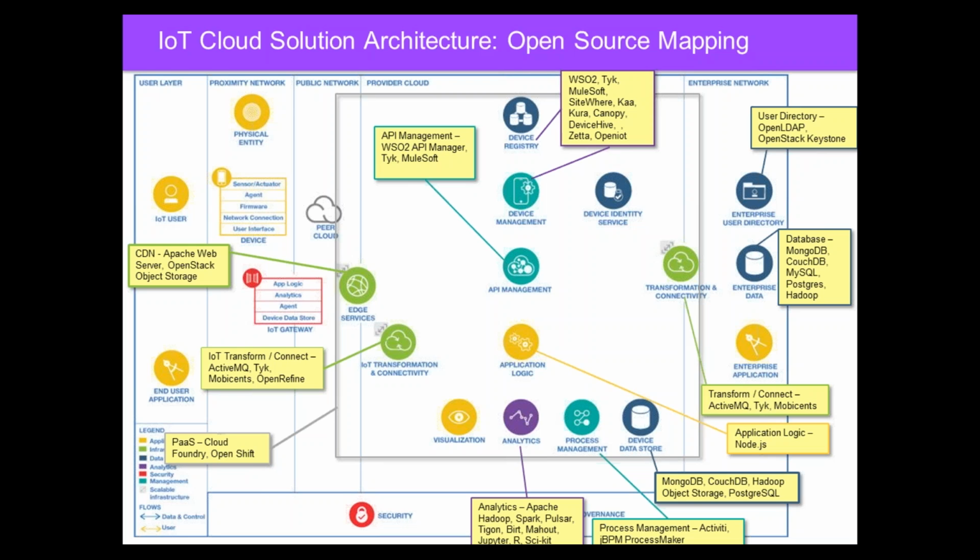We've quoted a few of them here: MongoDB, CouchDB, MySQL, Postgres, and Hadoop if you wanted to do big data kind of analysis. All those are available for implementing your enterprise data. For Transform and Connect, over in the middle of the right-hand side, there are tools such as ActiveMQ, TYK, and MobiSense that can do the transformation and connectivity task to connect through from your cloud environment into your enterprise network.